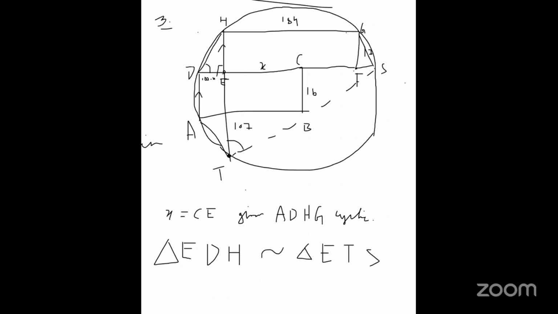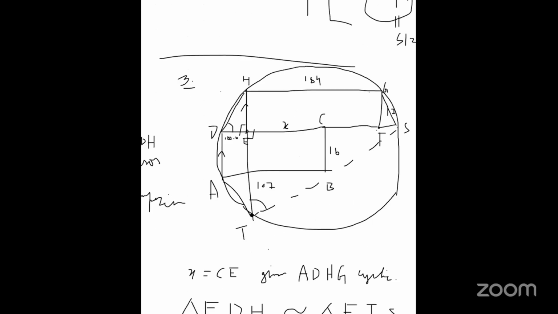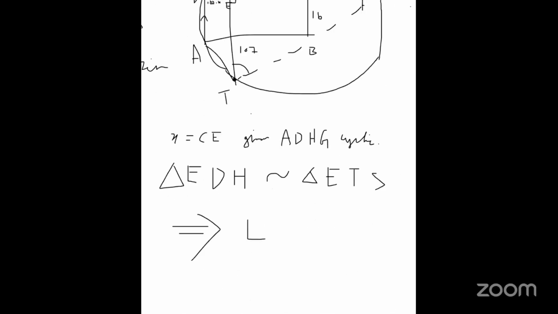So they're similar, which implies when they're similar, you get ED times ES is equal to EH times ET.